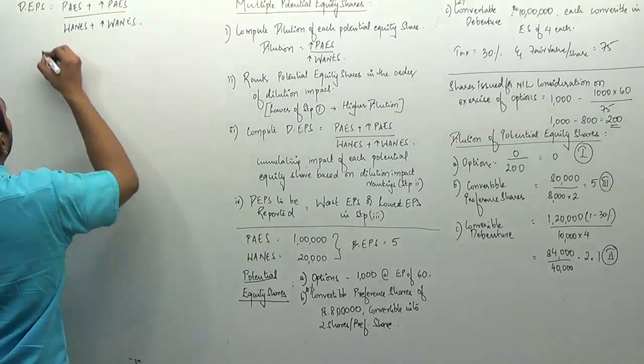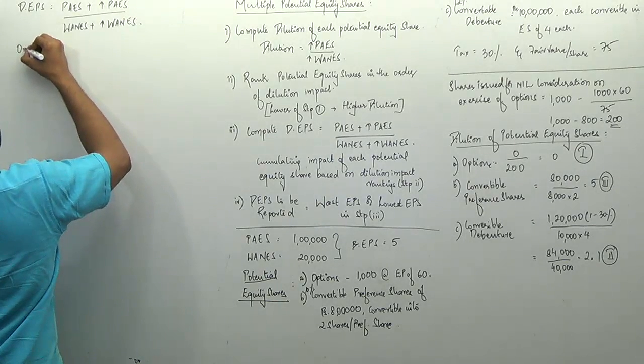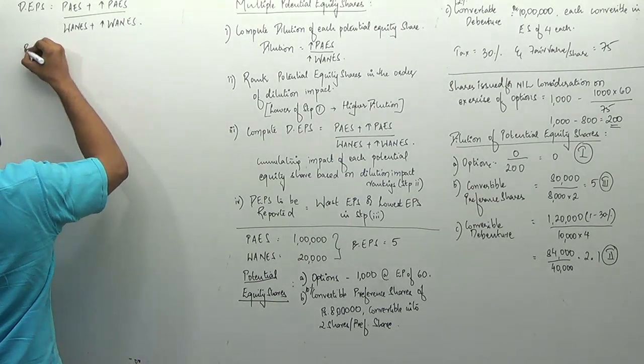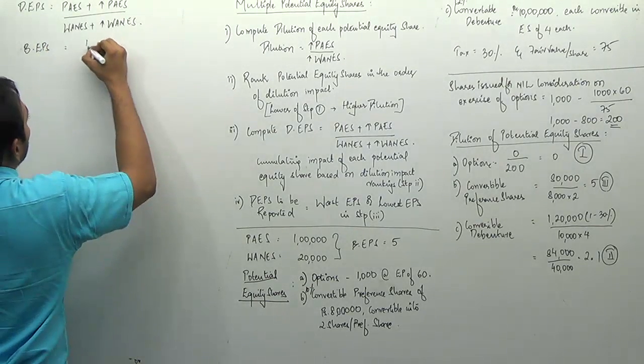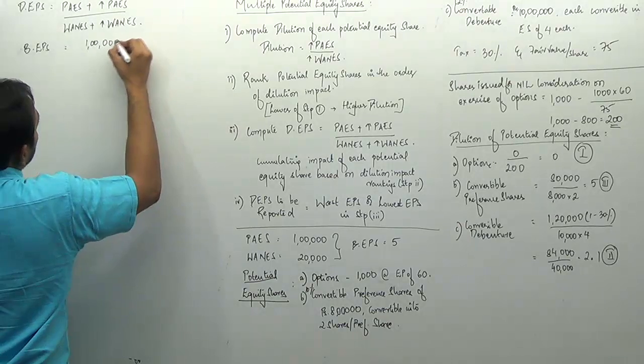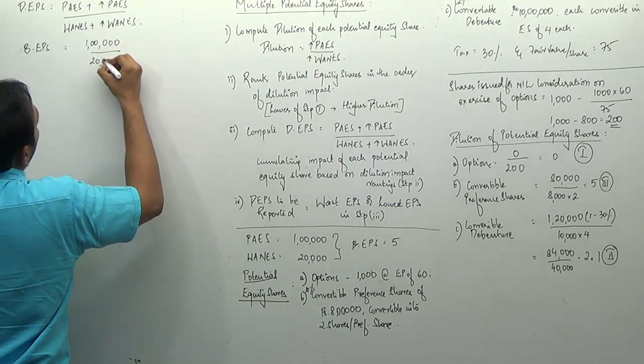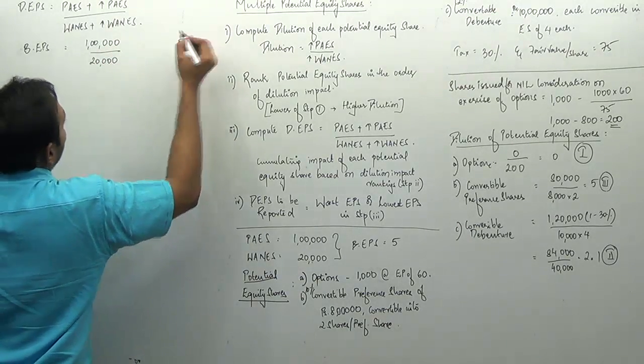Let's calculate. First, basic EPS we know: 1 lakh divided by 20,000, which is nothing but 5.